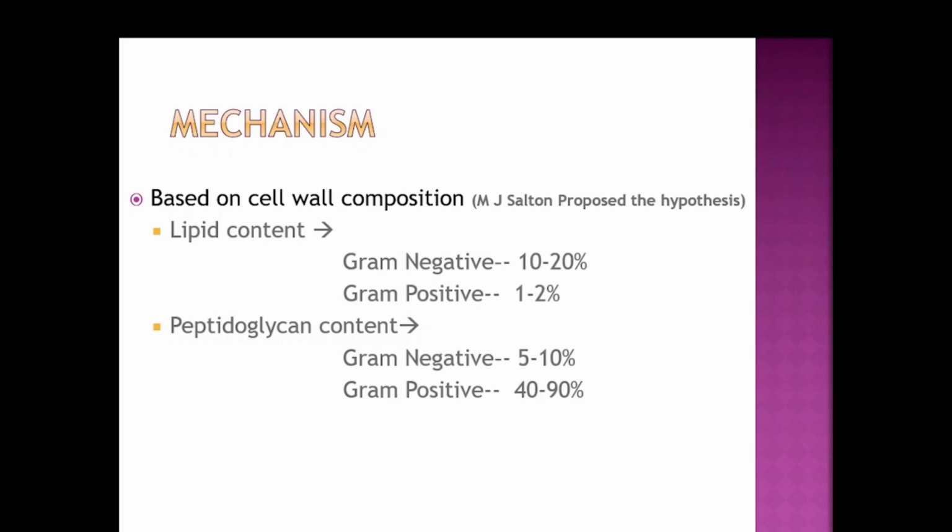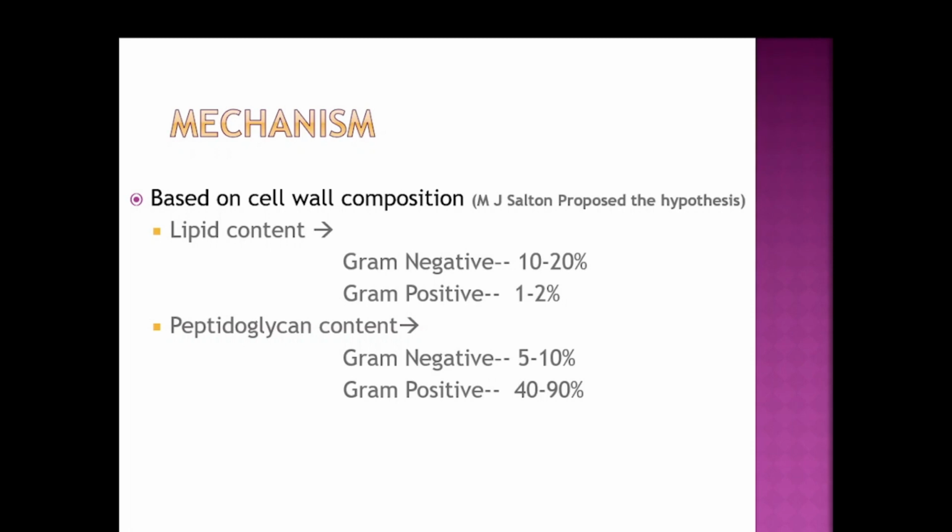While gram positive bacteria have lower lipid content and higher peptidoglycan content. So, after primary staining and mordant application, when we add the decolorizing agent, the organic solvent like alcohol, due to the lower lipid content, less increment in the pore size occurs.